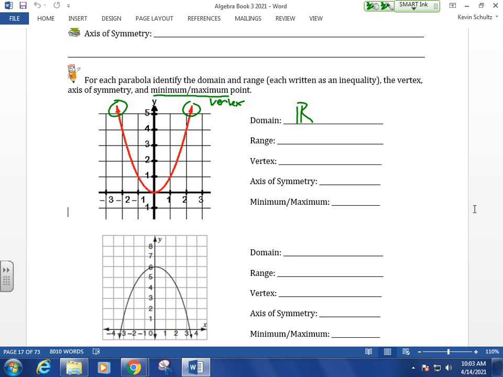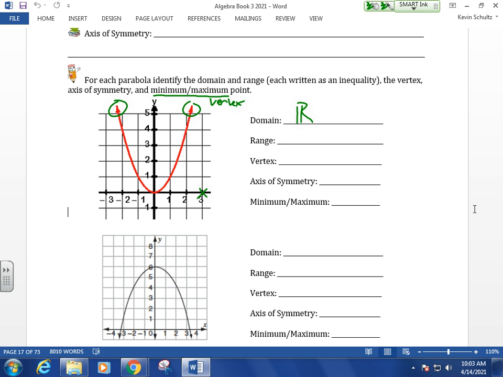It's going to continue to go up in both directions and continue to get wider, which means that even though right now the x value of 3 is not included in the graph, if we continued this right side upward and expanded it, eventually we will have an ordered pair with an x value of 3, right? And as long as it continues to go out, every x value will be included at some point.